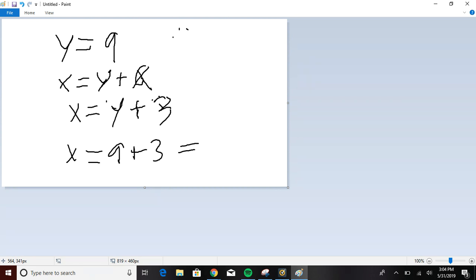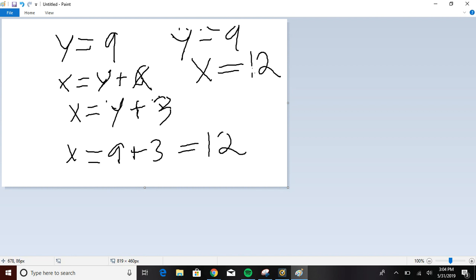Be careful when you do this, because sometimes if you just do another equal sign, it doesn't work out. But 9 plus 3 equals 12. So x equals 12. So we have y equals 9 and x equals 12. And that is how you state your solution.